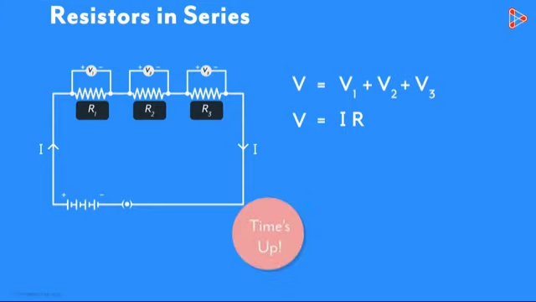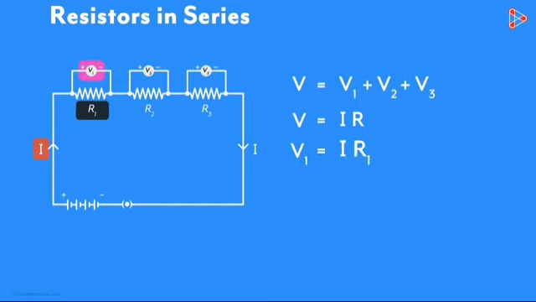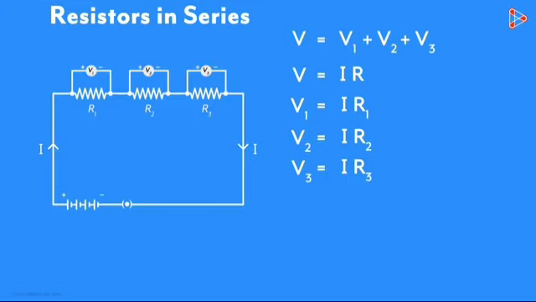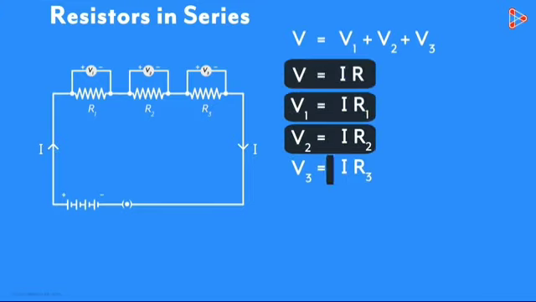Then V is equal to I Rs, where Rs means the series connection and equivalent resistance. So, Rs is equal to R1 plus R2 plus R3.